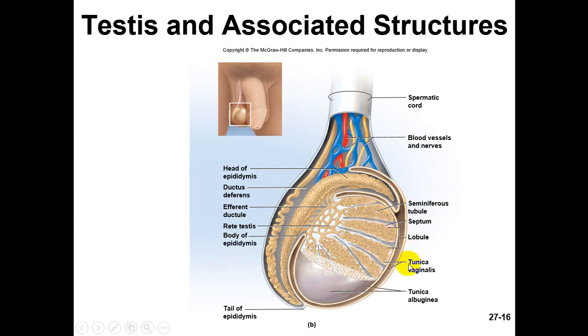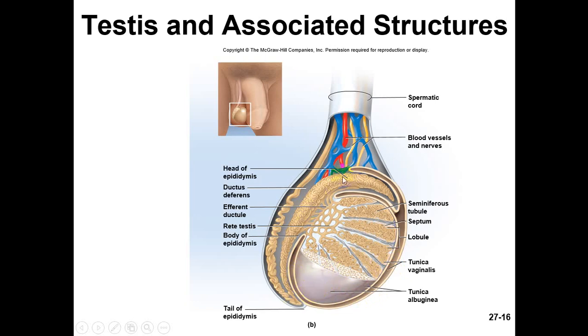So we can see the tunica vaginalis, where I said previously that when somebody has hydrocele, that is fluid collecting in the scrotum, the fluid is collected in the tunica vaginalis. The tunica albuginea is like egg white, a tissue that covers the whole of the testis.